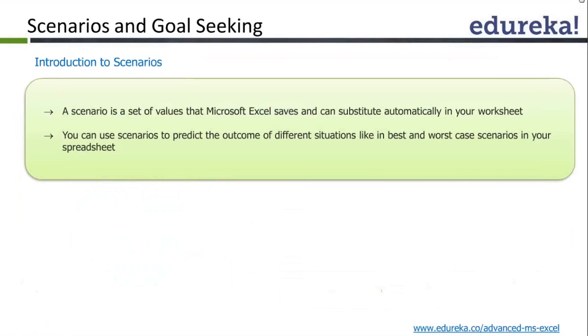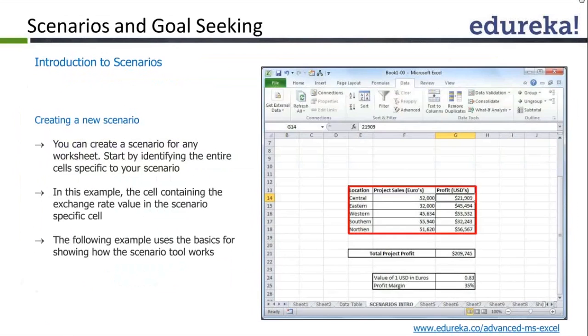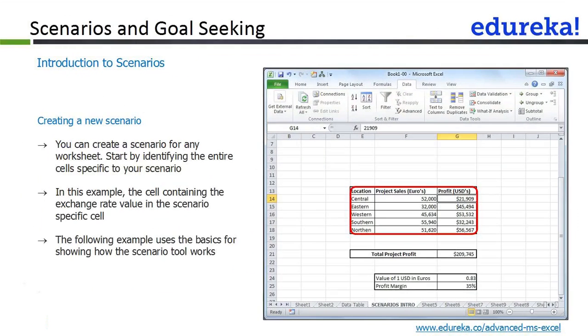Now let's see, we have already discussed goal seek and how it works. Goal seek and scenario are two more advanced features of Excel. Let's see how the scenario works.